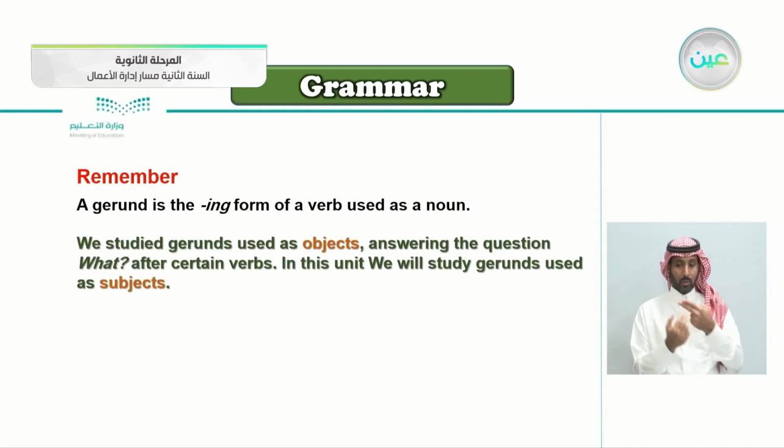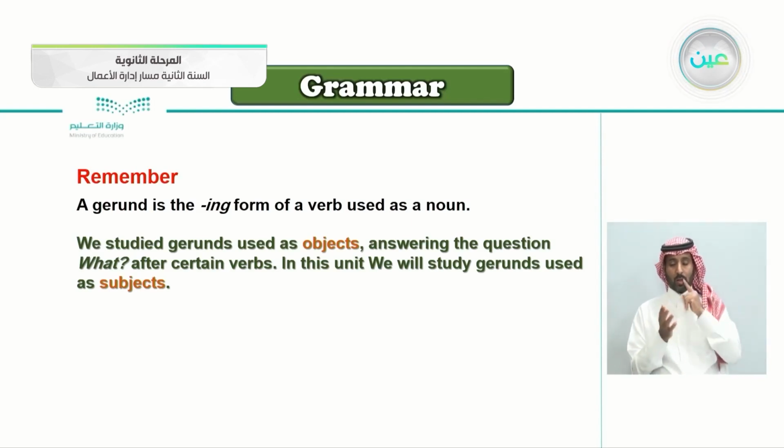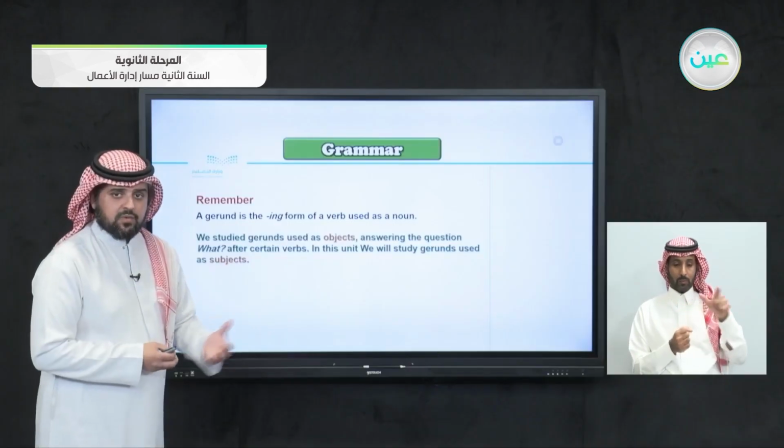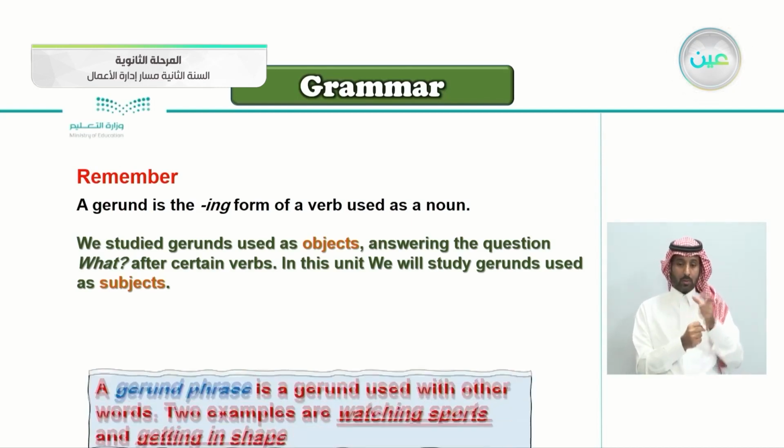We studied gerunds used as objects before, answering the question what, after certain verbs. In this unit, we will study gerunds used as subjects. But today, we'll be studying gerunds as subjects.